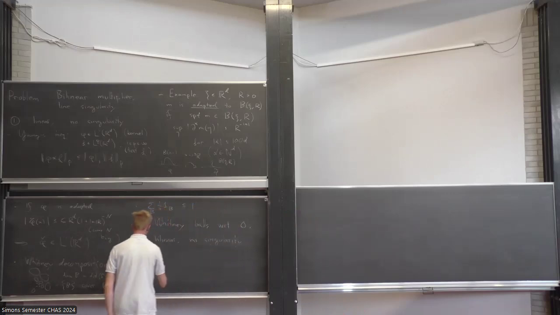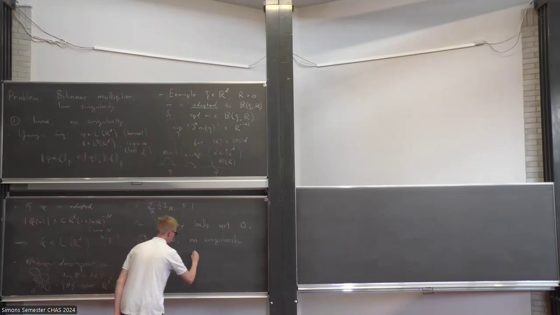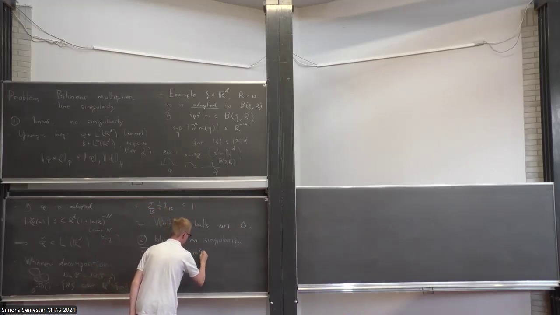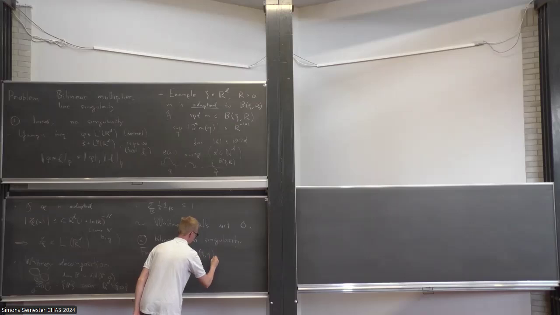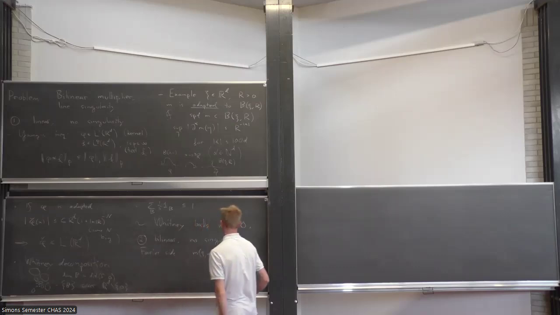So now if you look at the Fourier side, we will have a smooth function and the product.